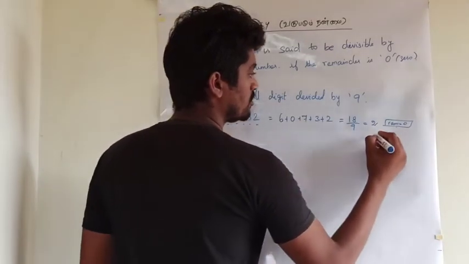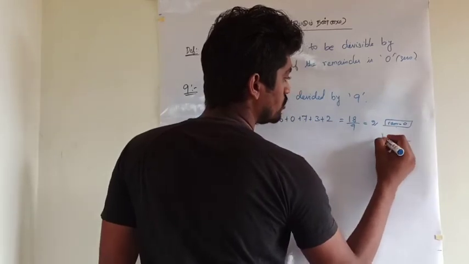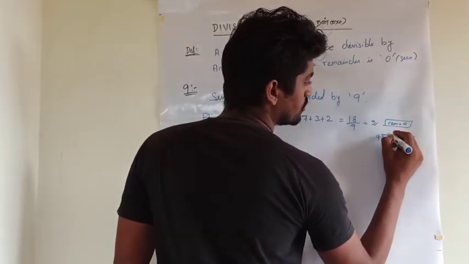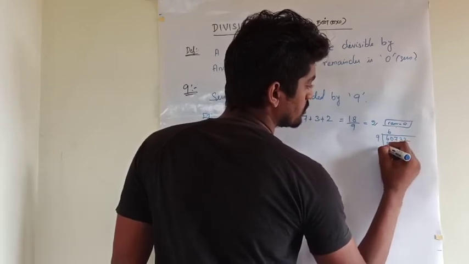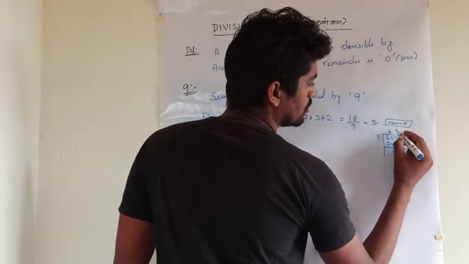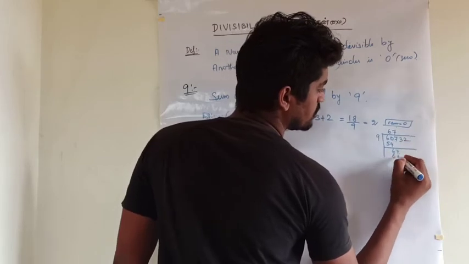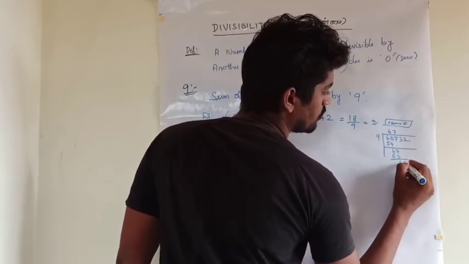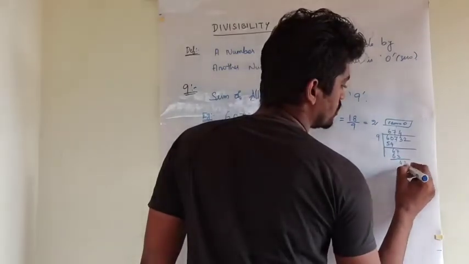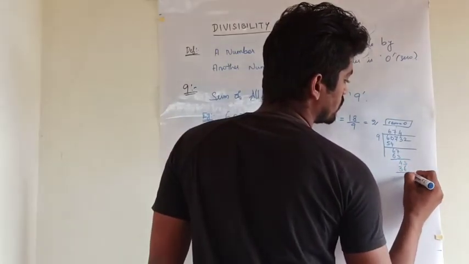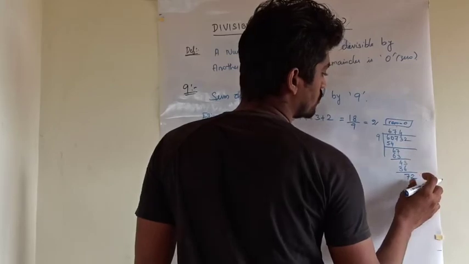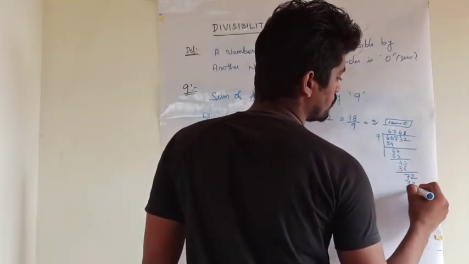We can check 60732 divided by 9. 6 9s are 54, remainder 6, bring down 7, 67. 7 9s are 63, remainder 4, bring down 3. 4 9s are 36, remainder 7, bring down 2. 8 9s are 72, remainder 0.